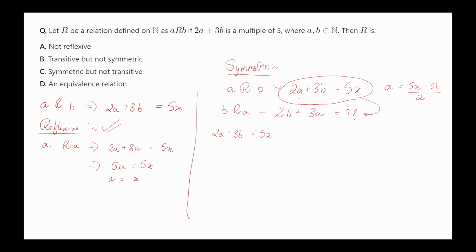If I replace that value in this equation, where I have assumed this to be 5y, this would become 2B plus 3 times (5x minus 3B) by 2 is equal to 5y. Now let's try to convert this into 2B plus 3A. So this would become 2B.